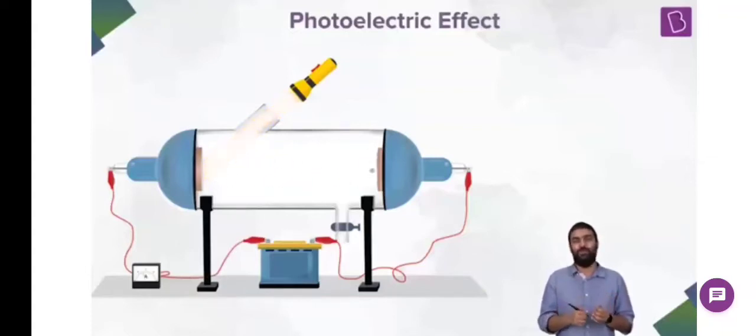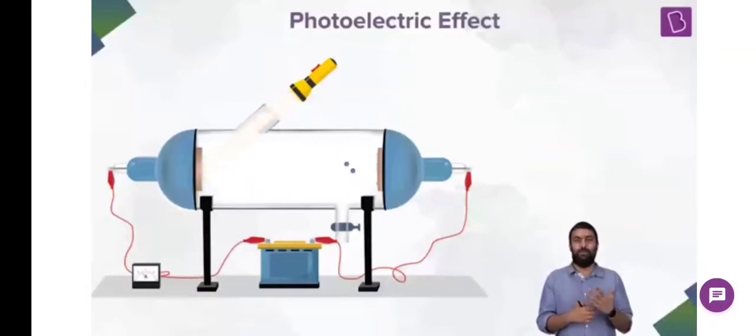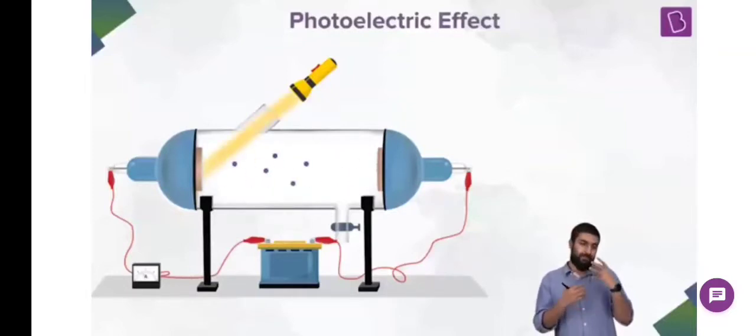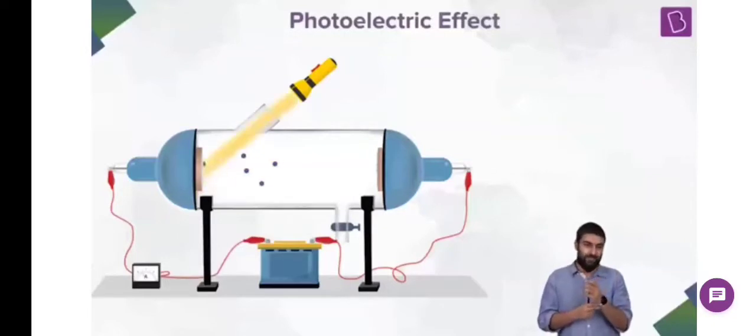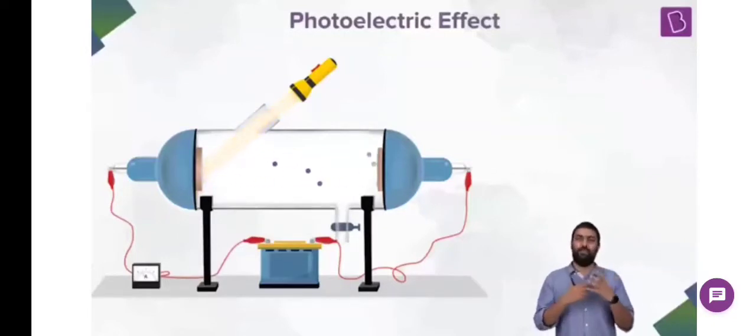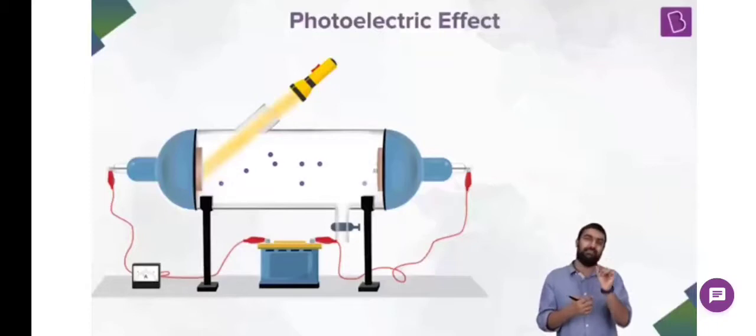Before I enter into that logic, I want to ask you something. Let's try to recollect what we know. We know that metals are good conductors, and we also know that the fundamental unit of electricity is an electron.